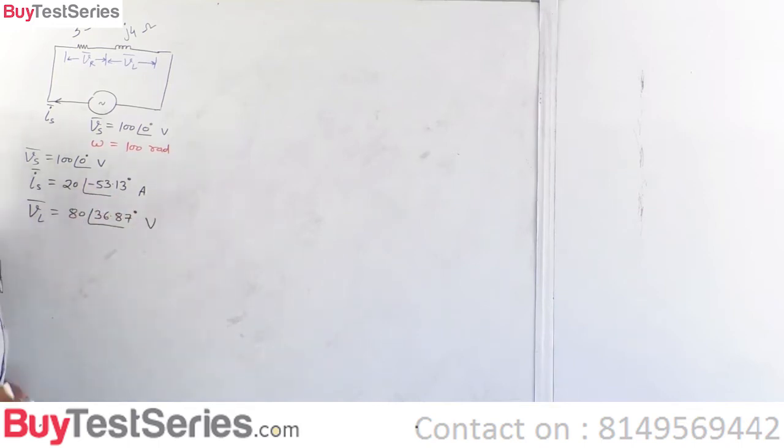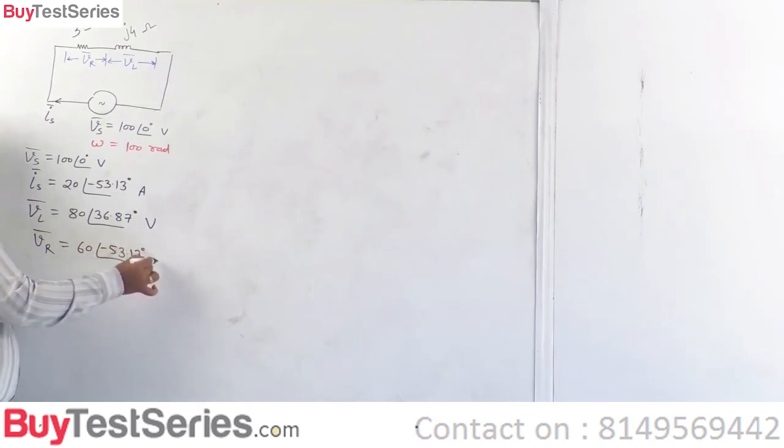In the phasor diagram, VL with respect to IS is leading by 90 degrees, and for a resistor, VR and IS are in phase. This is 36.87 leading with respect to reference, this is minus 53.13 lagging, which sums up to 90 degrees. VR as we calculated was 60 angle minus 53.13. These angles must be the same because the resistance voltage and current are in phase.